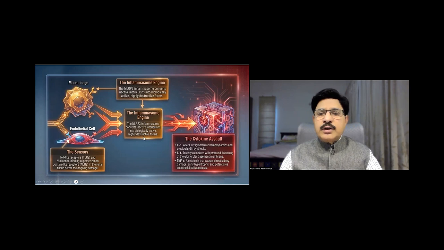Inflammasome engine is activated, and then finally cytokine assault occurs. These cytokines are released from the macrophages through the endothelial activation. Whatever cytokines are formed are injurious to the glomerulus: interleukin 1, interleukin 6, and tumor necrosis factor alpha. They all act as immune inflammation.